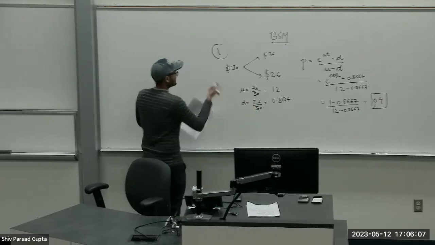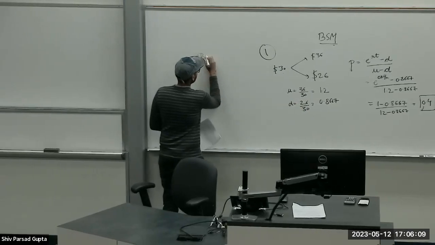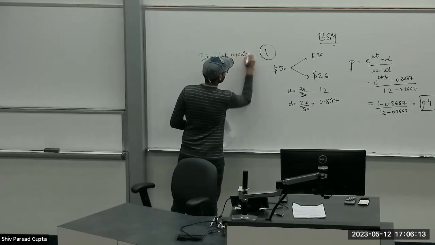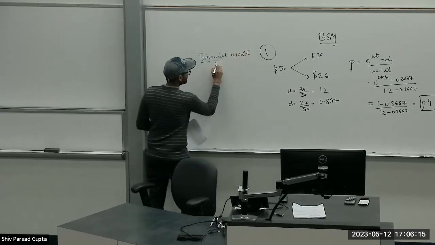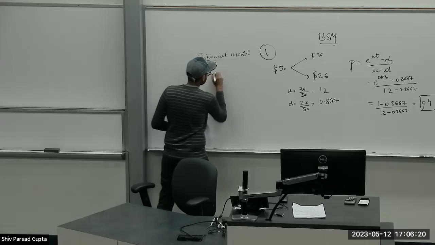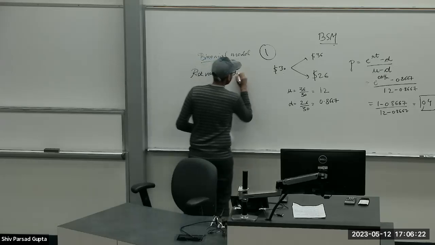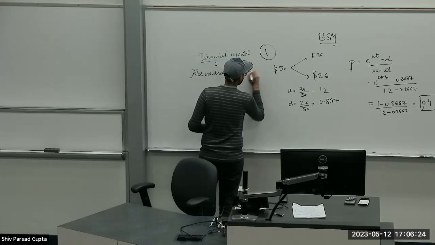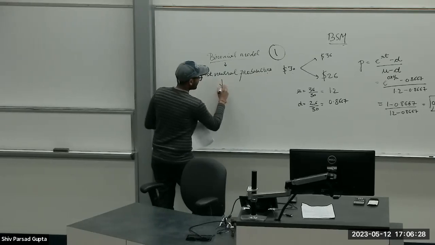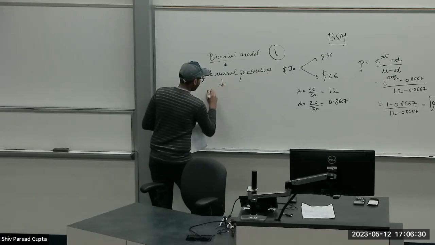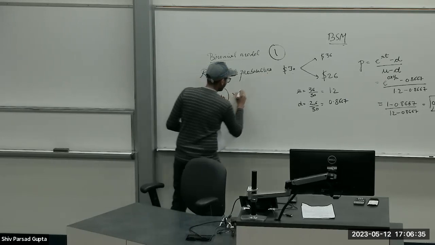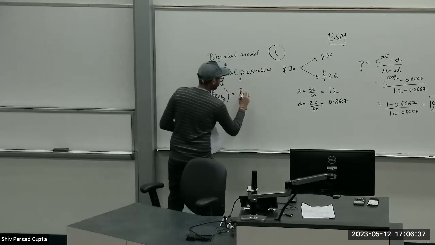So what does the binomial model state? The binomial model says that risk neutral probabilities should be calculated in such a manner that the expected return on the risky asset should be equal to the return on the risk-free asset.